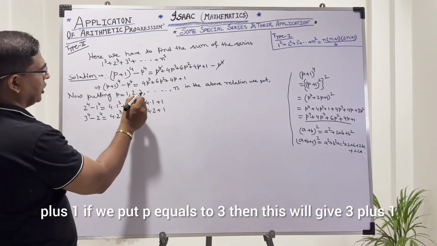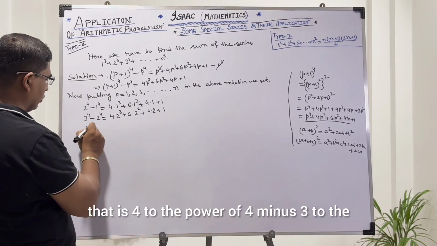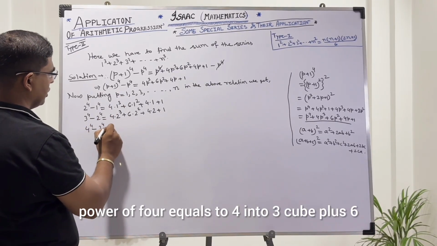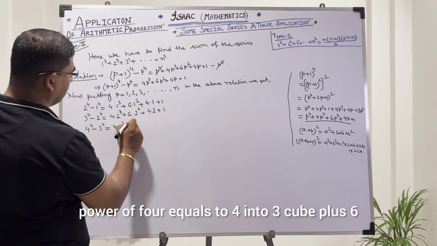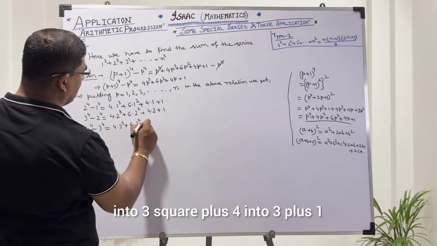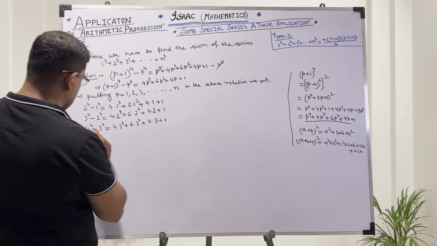If we put p equals 3, then this will give 3 plus 1, that is 4. 4^4 − 3^4 = 4 × 3^3 + 6 × 3^2 + 4 × 3 + 1.